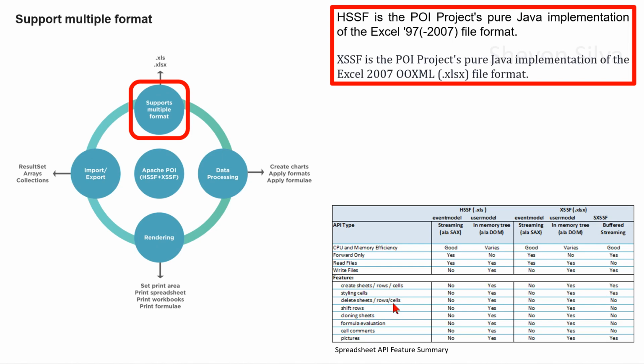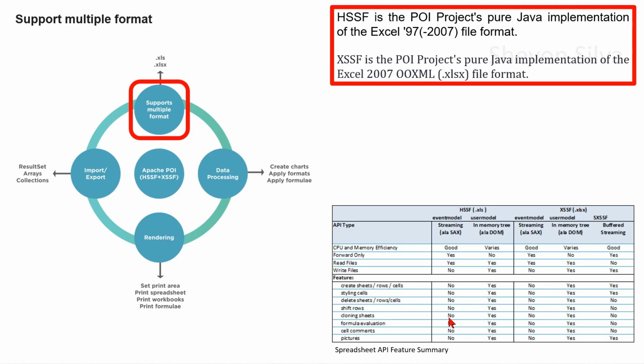Delete sheets, rows or cells: in the event model in HSSF it is no, and the user model yes. In the event model in XSSF it is no, and in the user model yes, and in SXSSF it is no. Shift rows: in the event model in HSSF it is no, and in the user model yes. In the event model in XSSF it is no, and the user model yes, and SXSSF no.